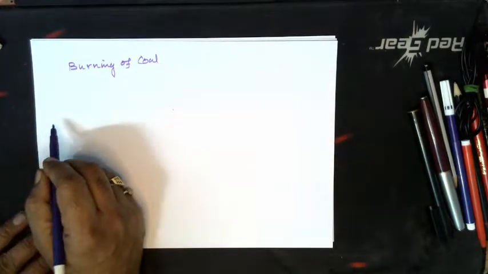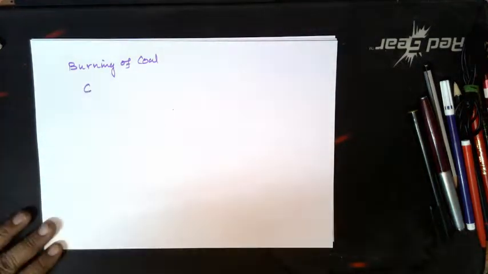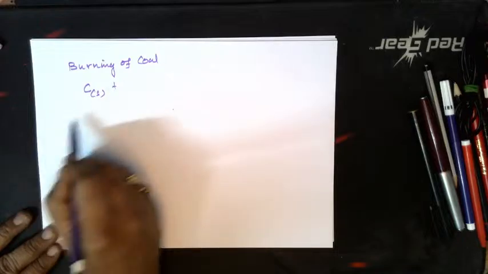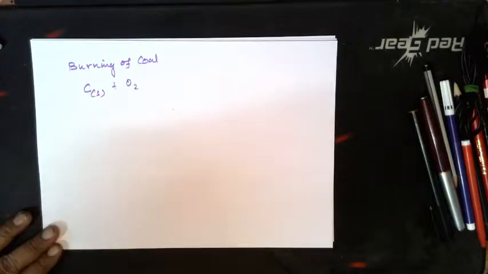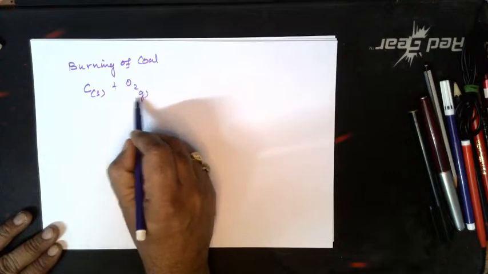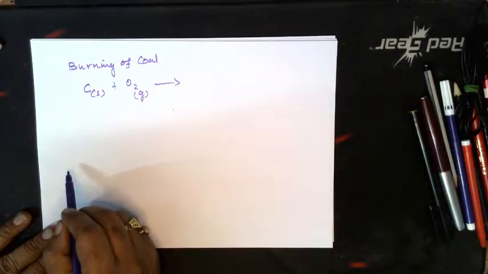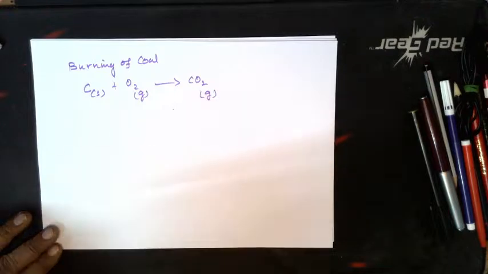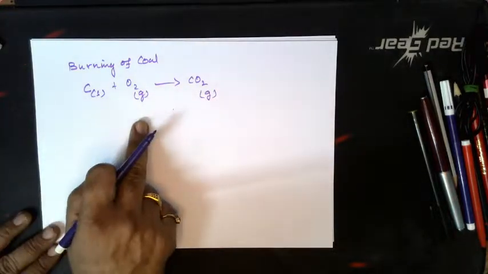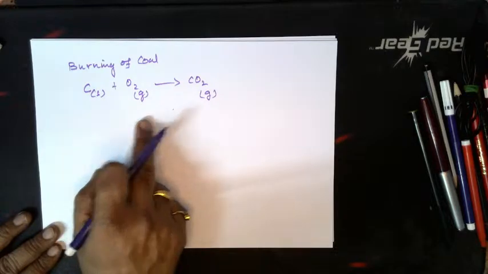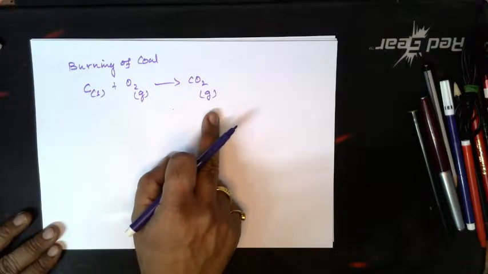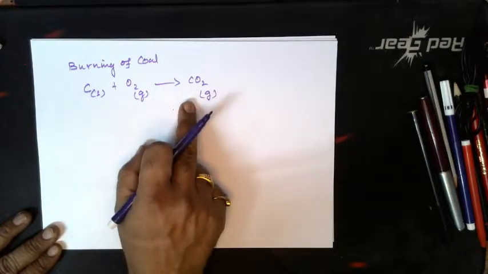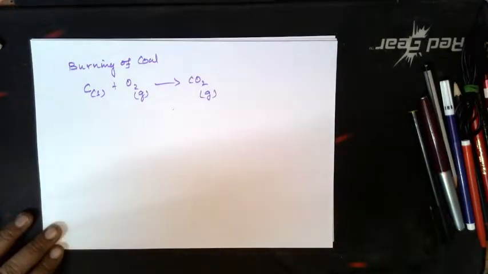Burning of coal means you have carbon in the solid form, burnt in the presence of oxygen in the gaseous form, so that a single product is obtained, carbon dioxide, which is a gas. Got it? So what type of chemical reaction is it? Combination reaction. Why? Reactant 1 combines with reactant 2 to give a single product. Got it?